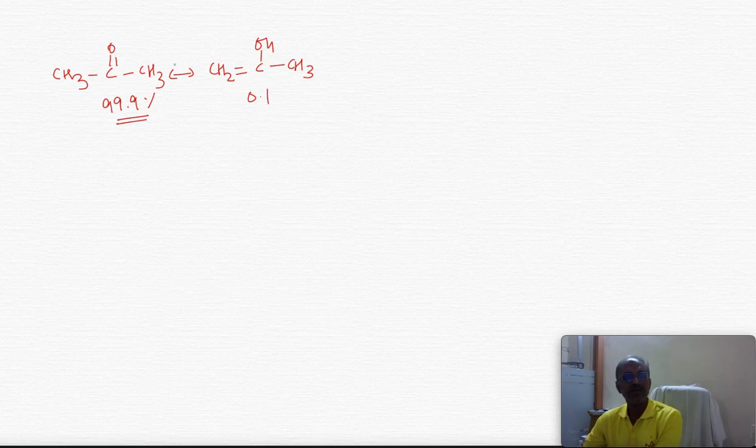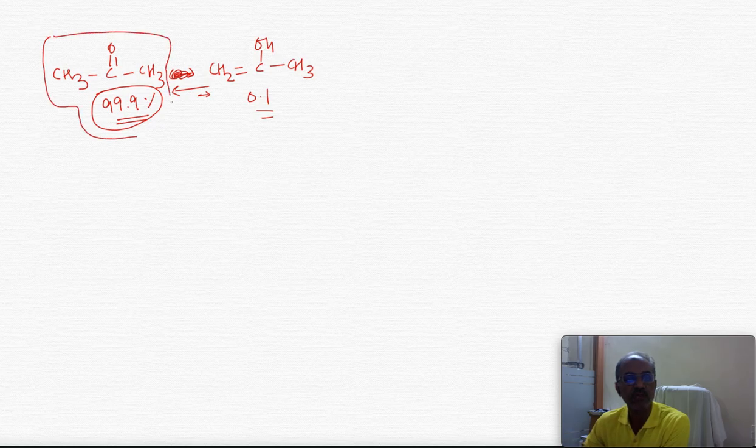So the stability is more towards this and less towards this. So this is highly stable as compared to this. The ketone precisely wants to stay in this particular system only.